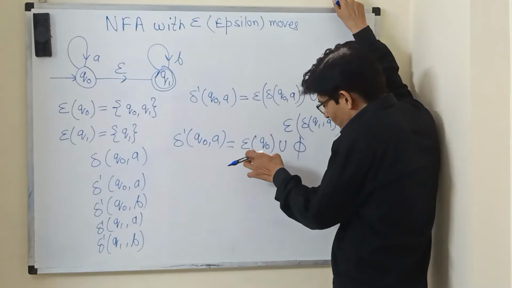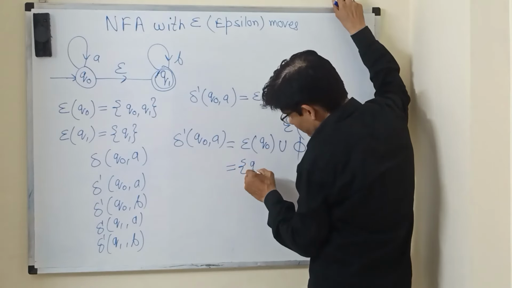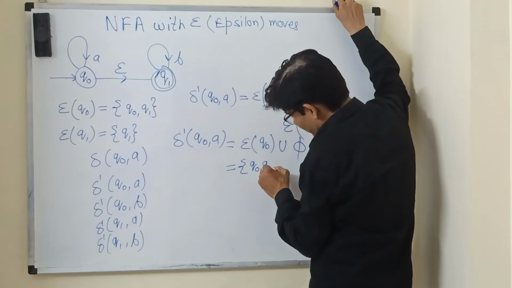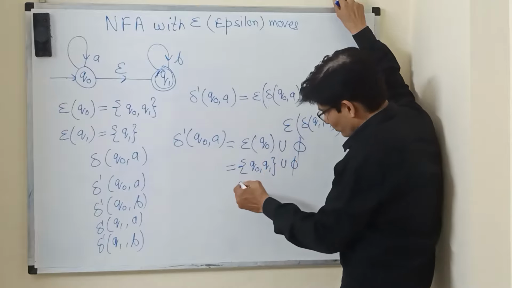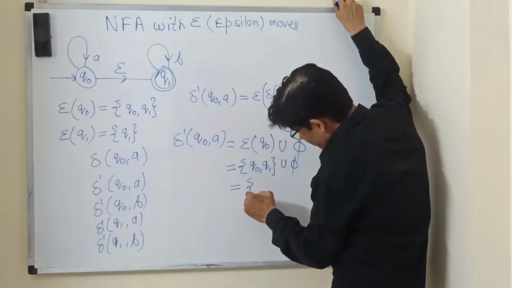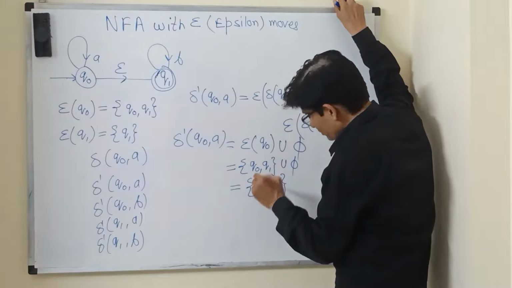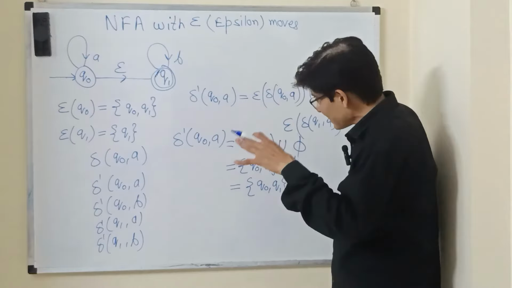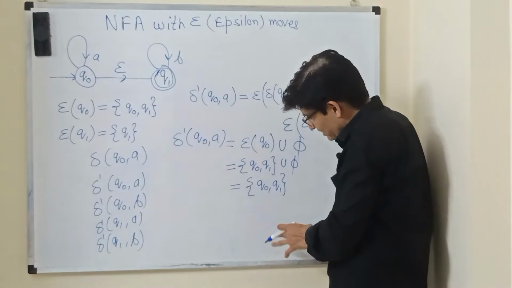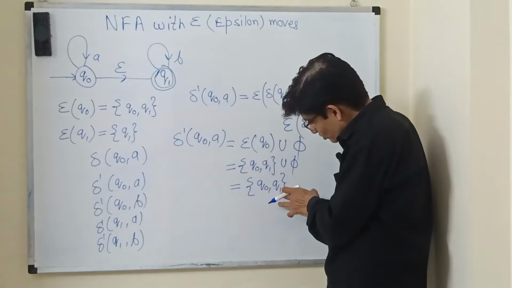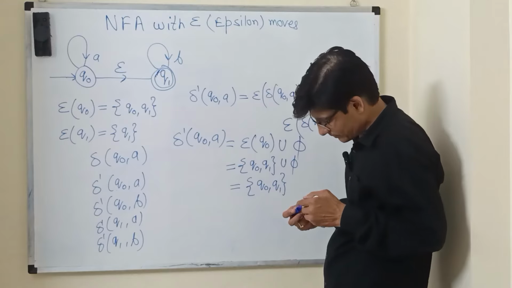Epsilon closure of Q0 would be Q0, Q1, union phi, so again this would be Q0 and Q1 itself. So in NFA without epsilon move, the Q0, A transition would be Q0, Q1. The next state would be either Q0 or Q1.